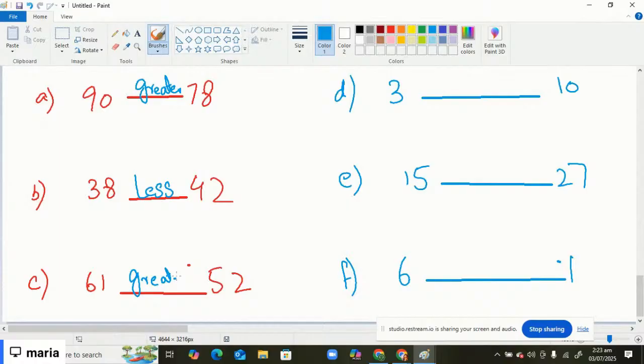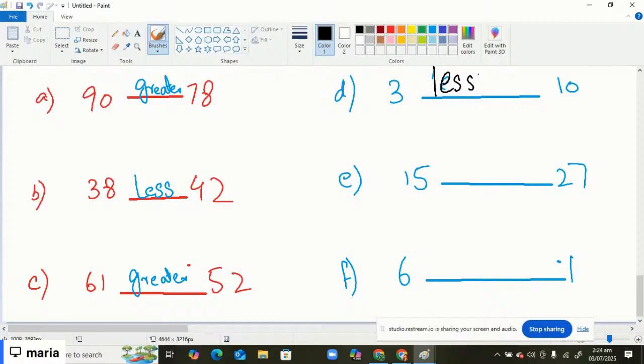Now for the next, 3 and 10. For D, very well done. 3 is less than 10.